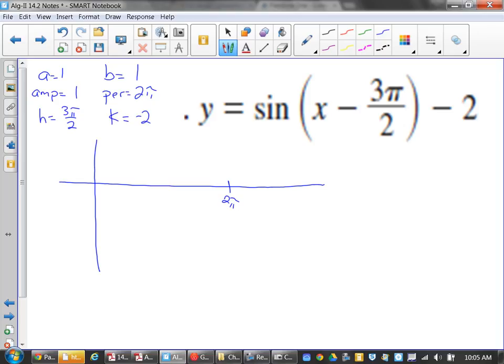Remember, the reason that I'm extending it outward is because I'm going to have to move that 2 pi value eventually to the right a bunch more. That way I know that I'll have a little bit of space. Foreshadowing, I believe? Look, a literary term. Critical values should be easy when your period is 2 pi, I hope.